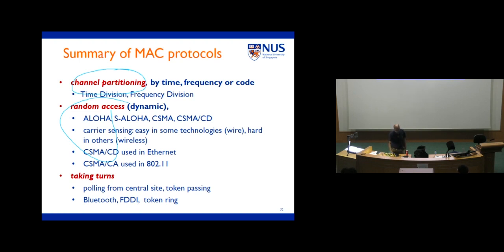But it tends to work well when the network is lightly loaded. If everybody becomes active all the time, then you have problems. Somewhere in the middle are the taking turn protocols, and they try to find the best of both worlds, but again they also have certain overheads and some drawbacks.